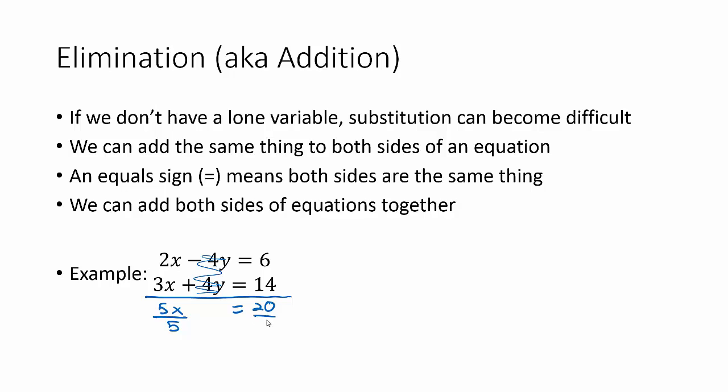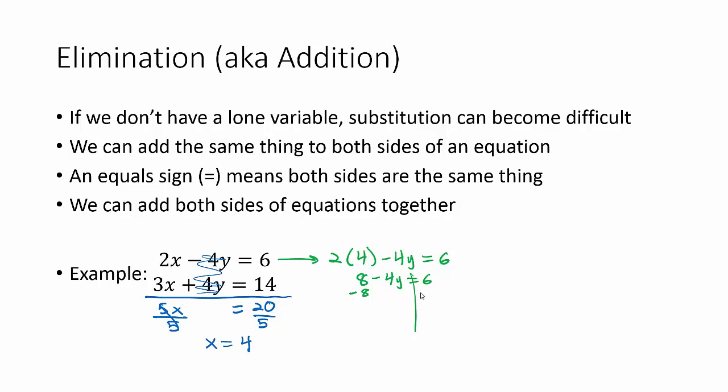Now I just have to divide both sides by 5, and I know that x is equal to 4. Still need to find y. I can get y from either equation. It doesn't really matter. I'm going to pick the first because the numbers look smaller. 2x, we know x is 4, minus 4y equals 6. Well, 2 times 4 is 8, minus 4y equals 6.